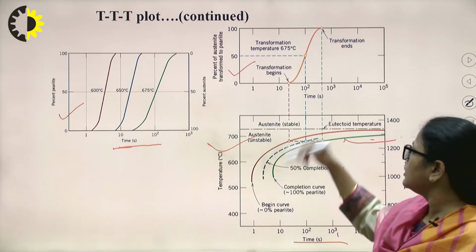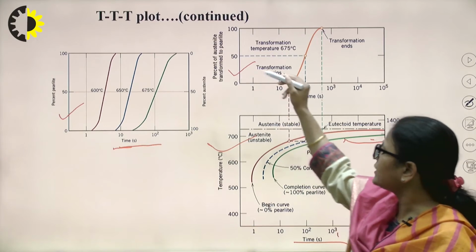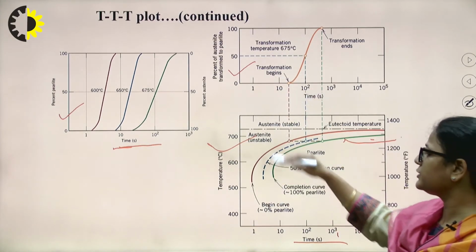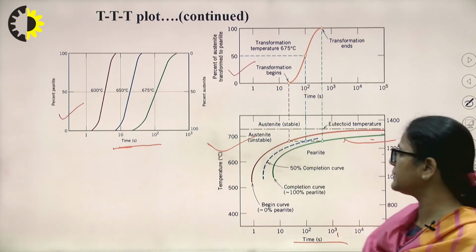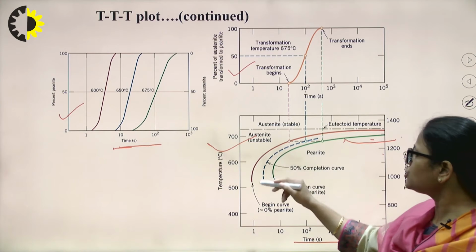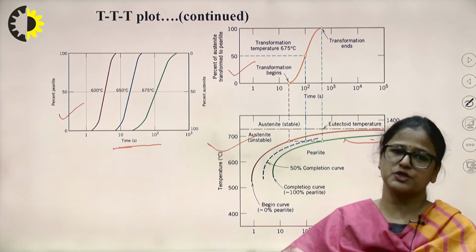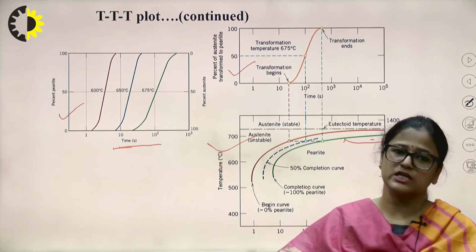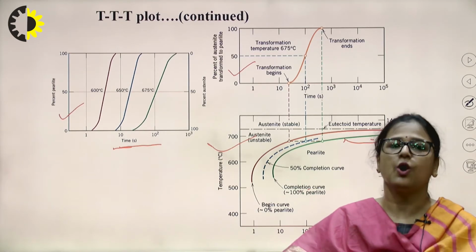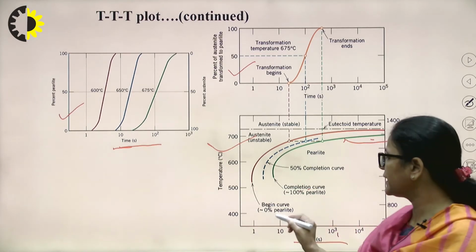So this figure is showing how the data transfer is made to prepare the TTT plot. These two solid curves, red curve and green curve, are the transformation curves. The red curve is the transformation initiation or start curve or begin curve.